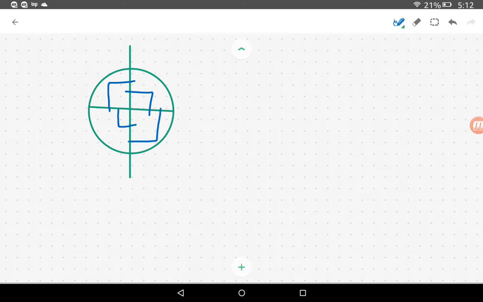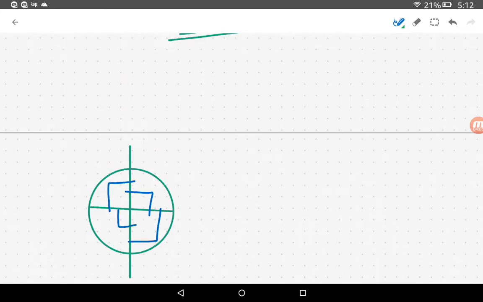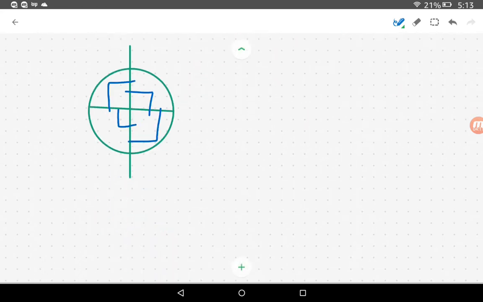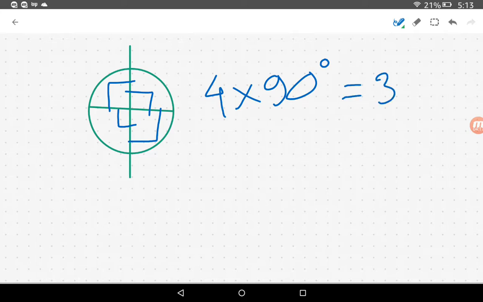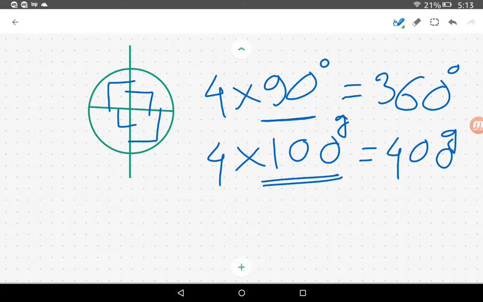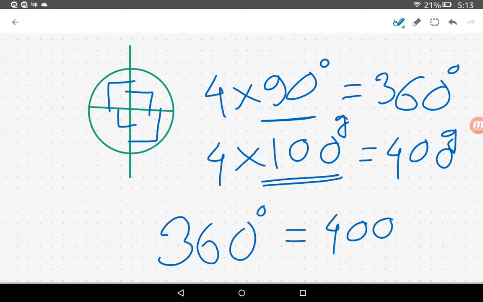These 4 right angles create the circle, and each right angle is 100 gradians. So 4 times 90 degrees is equal to 360 degrees, and at the same time 4 times 100 gradians is equal to 400 gradians. As 90 degrees is equal to 100 gradians, 360 degrees is the same angle as 400 gradians.